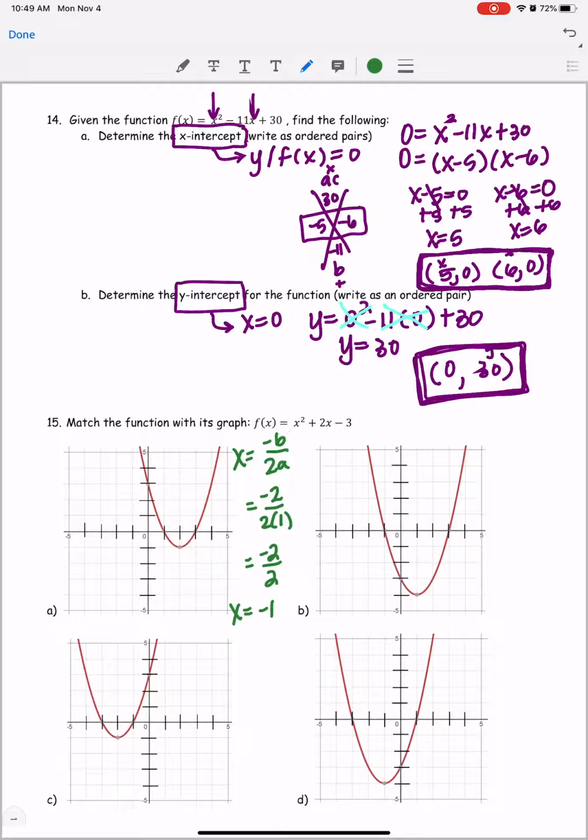We can plug this in to get the y. But if you can see here, your x is 2, your x is negative 2, this x is 1, and this x is negative 1.